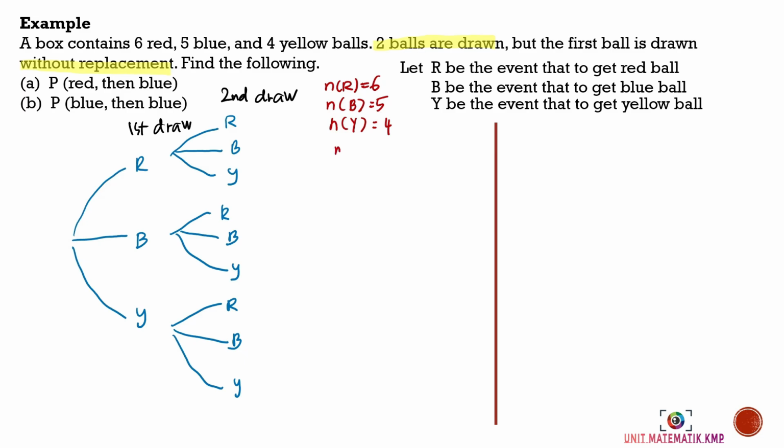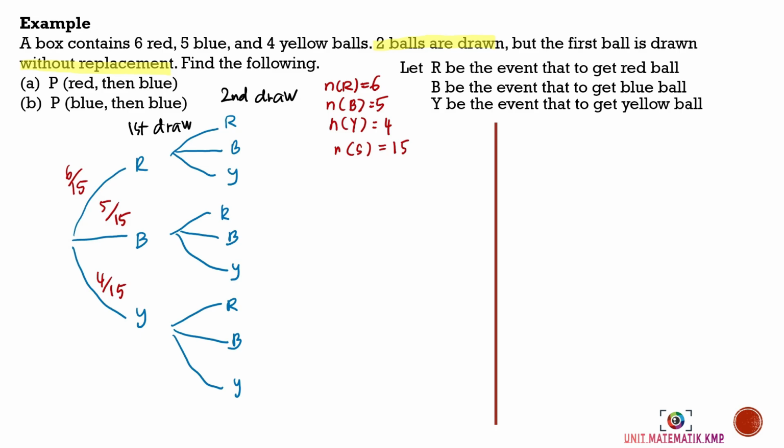And the total outcome for the sample space is 6 plus 5 plus 4, 15 balls. Now let's write the probability of the branch. For red balls, 6 over 15. For blue balls, the number of blue balls is 5, so 5 over 15. And for yellow balls, 4 over 15. So that's the first row.